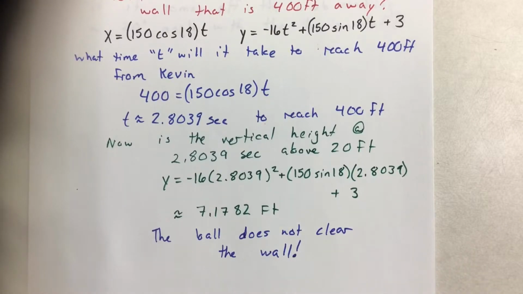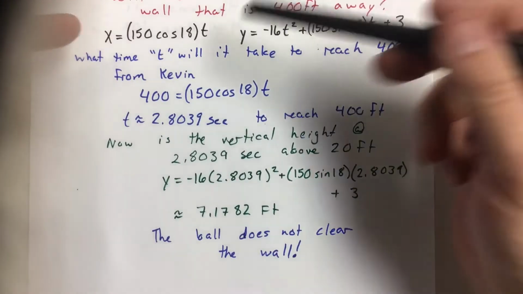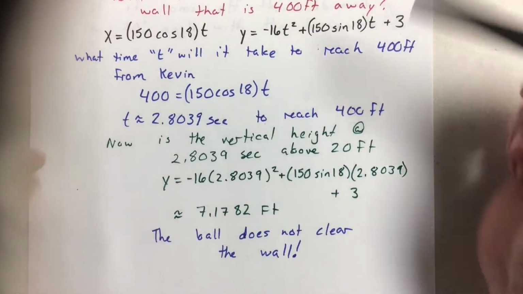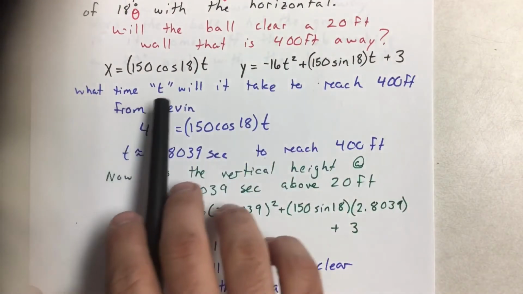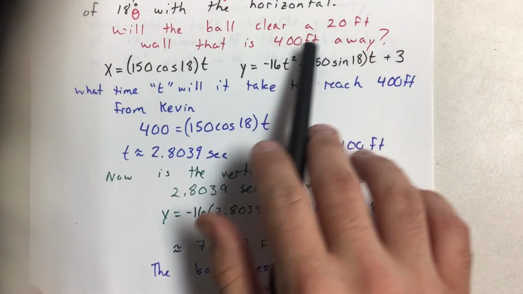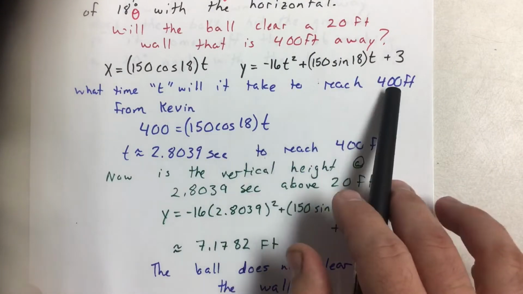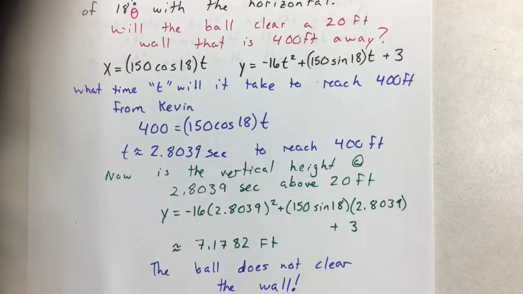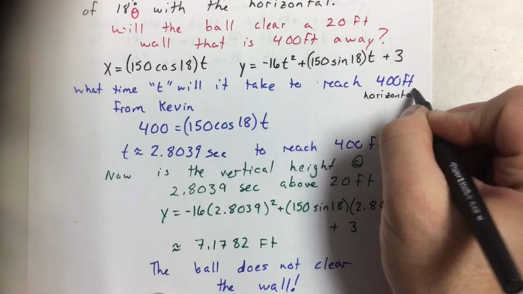Before we move on to the last example, I just want to go over the process we went through. We noticed that we were not dealing with velocity, so we wrote our displacement equations, both horizontal and vertical. First, because the wall is at 400 feet, how long will it take to reach 400 feet? That was a horizontal displacement.